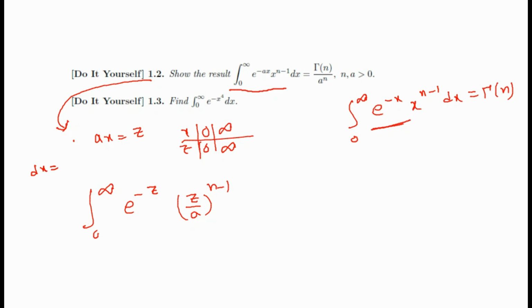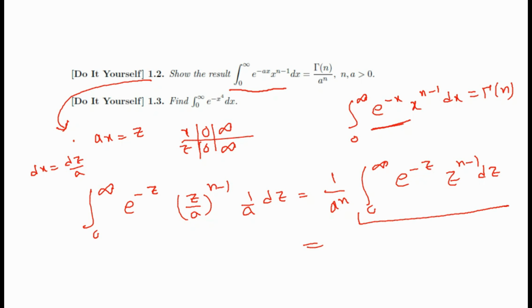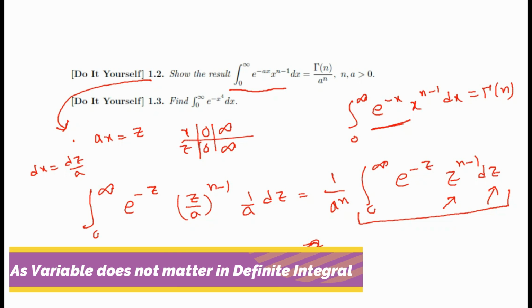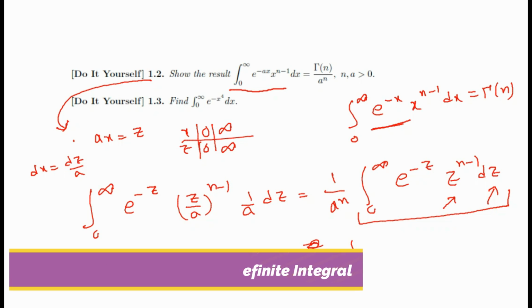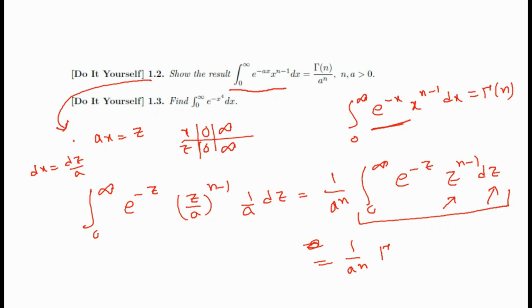Here you can get dx equal to dz by a, so 1 by a dz, and as you can see, you can just write it down, 1 by a to the power n, integration 0 to infinity e to the power minus z, z to the power n minus 1 dz. And this is the same gamma integral, and whether it's x or z doesn't matter because this is a dummy variable. So 1 by a to the power n, this is gamma n, and result 1.2 we have completed.